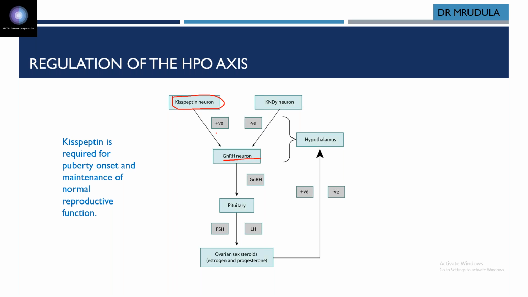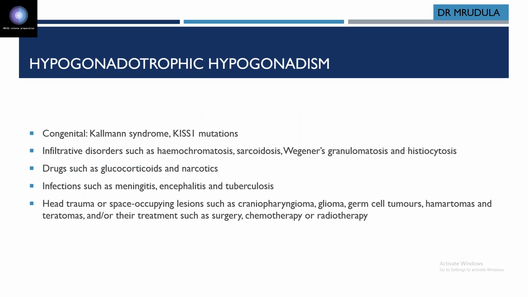GnRH neurons, in the presence of kisspeptin, secrete GnRH, which in turn acts on the pituitary, which is responsible for gonadotrophin secretion. FSH and LH are responsible for the production of estrogen and progesterone by the ovaries, which again exert positive and negative feedback on the hypothalamus. So this is basically the physiology of menstruation.